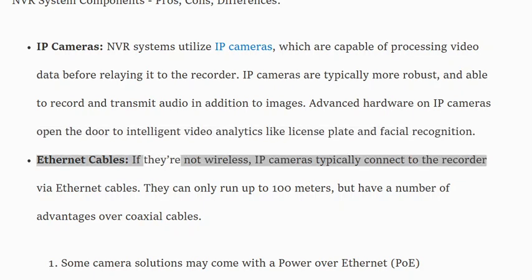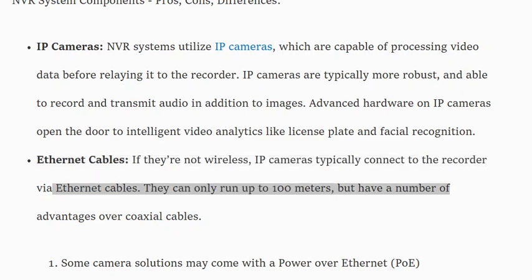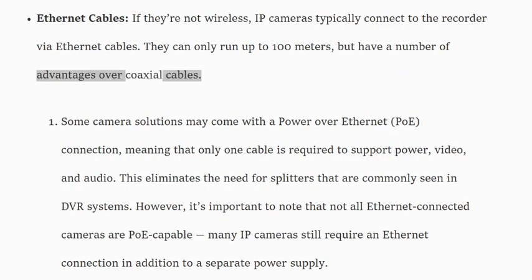Ethernet cables. If they're not wireless, IP cameras typically connect to the recorder via Ethernet cables. They can only run up to 100 meters, but have a number of advantages over coaxial cables. Some camera solutions may come with a power over Ethernet (PoE) connection, meaning that only one cable is required to support power, video, and audio.